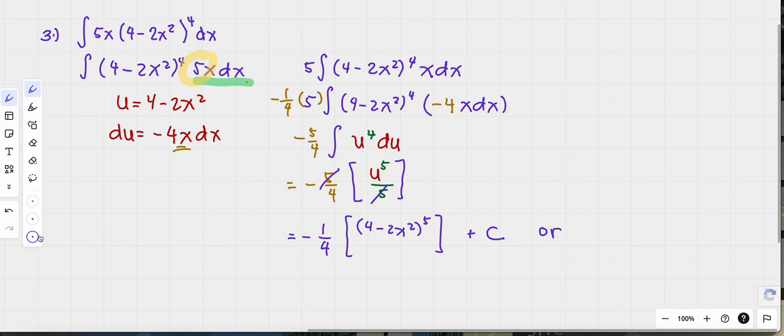Or we have negative 1/4, or negative, and then you may write this one at the numerator. So this will be 4 minus 2x squared to the 5th power all over 4 plus c.